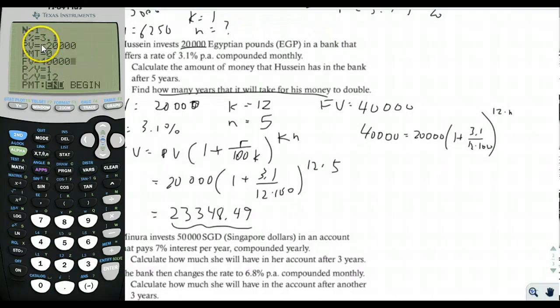Because in this case, the present value is negative 20,000. It's leaving your wallet. Future value is positive 40,000. It's coming in at the end of the period. How long is it going to be? We don't know. So we'll go to n and we'll do alpha, enter. And it'll give us 22.4 years. Okay.